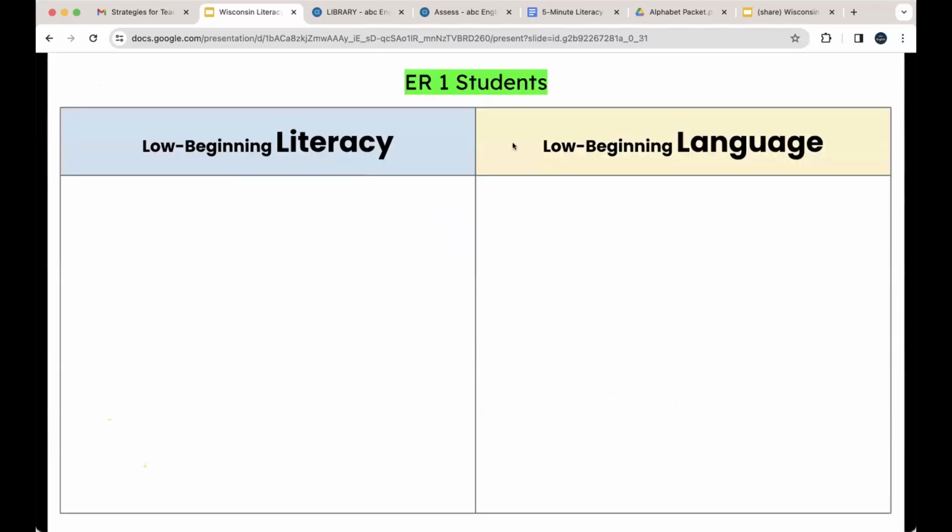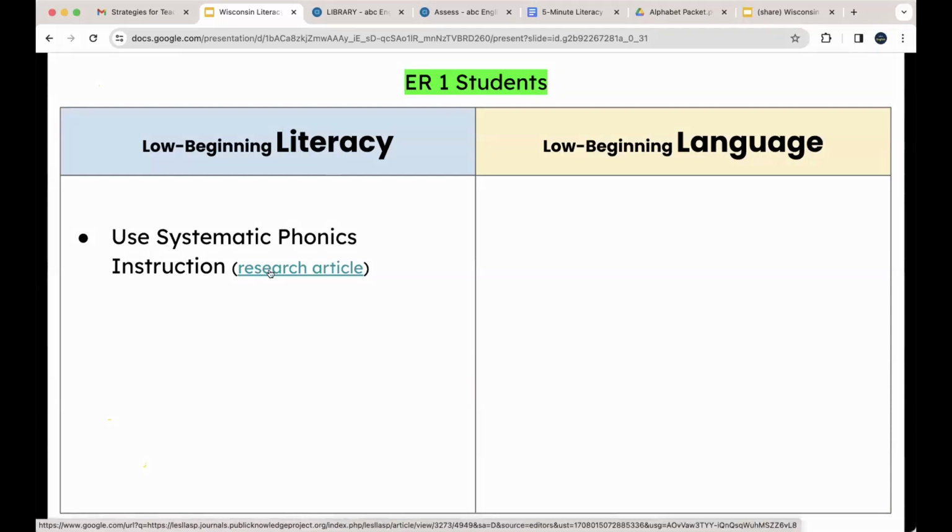All right, let's talk about that in a little more detail. So back to that ER1 student, Emergent Reader 1 student. This is a student who needs some attention in literacy and some attention in language. When you're teaching low beginning literacy, research suggests or supports using systematic phonics instruction.